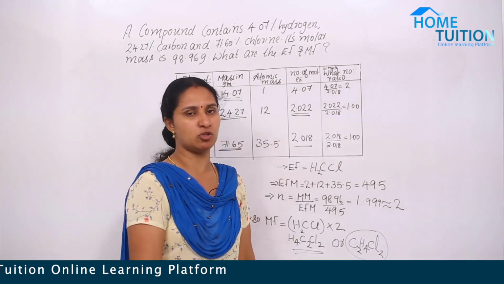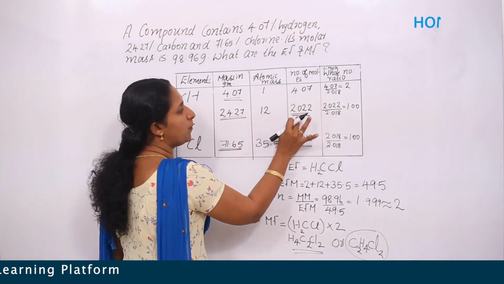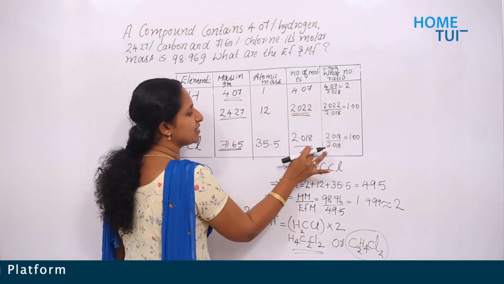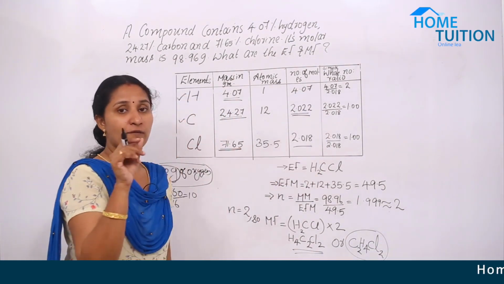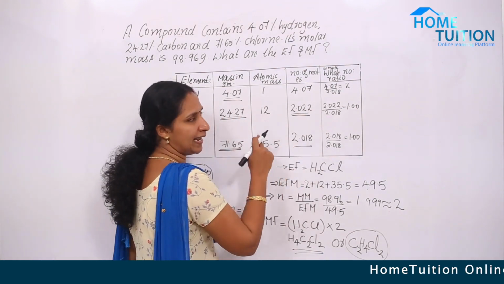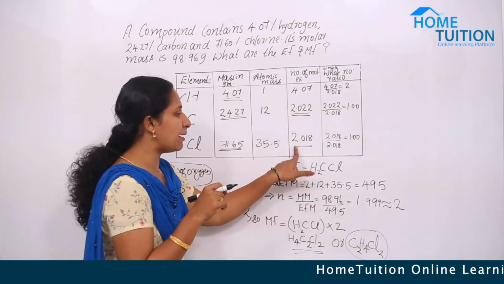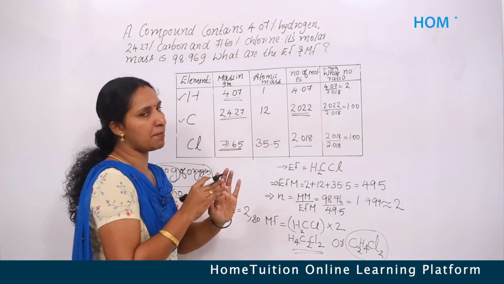Simple whole number ratio. And here we get 4.07, 2.022, 2.018 as the number of moles. Out of these, which one is the smallest digit? Yes, 2.018. Then using that number 2.018, divide all the other numbers of moles.